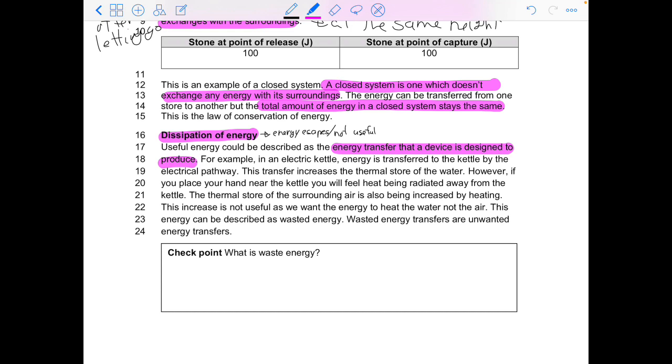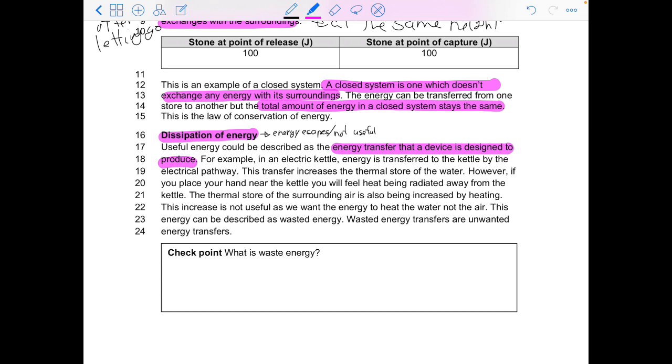So an electric kettle: you turn your kettle on and we have energy transferred to the kettle by the electrical pathway. So why do you turn on a kettle? What is the point of turning on a kettle? Most of you will agree the point is to heat the water inside of it.